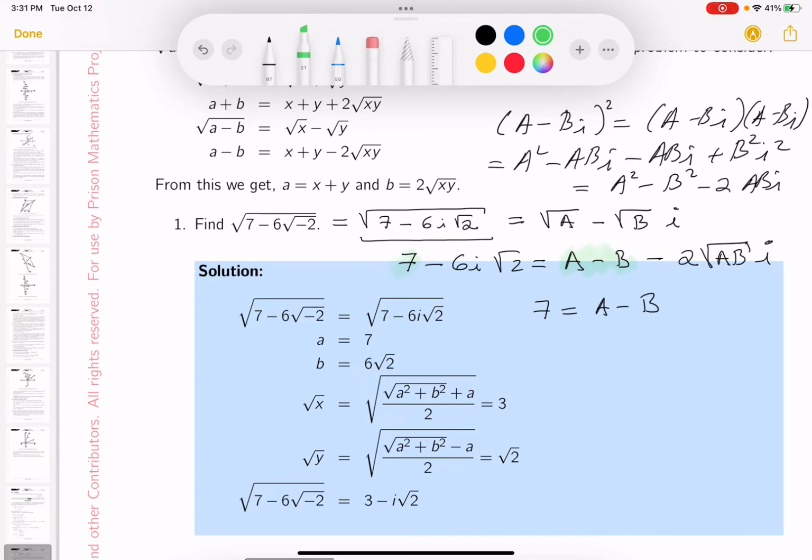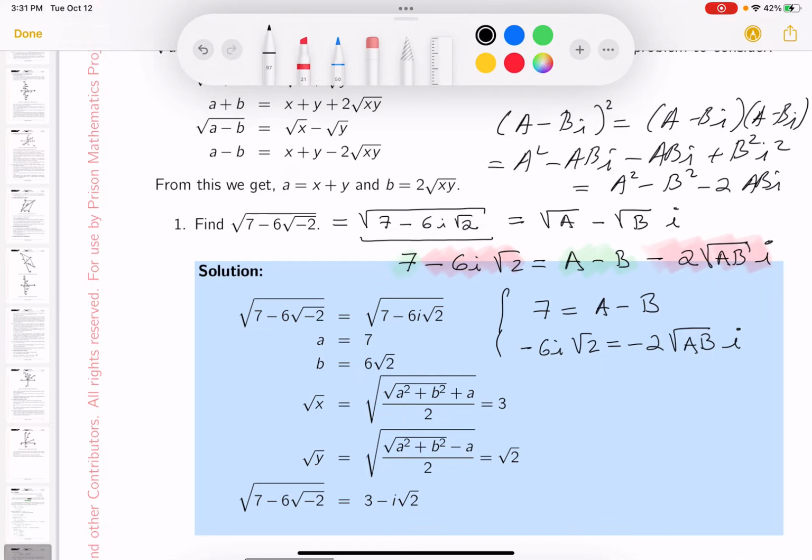And now I'm going to equate this thing here with this thing over here. And what do you get there? You're going to get minus 6i root 2 is equal to minus 2 root AB i. All right, I've got two equations now, two unknowns, by the way.